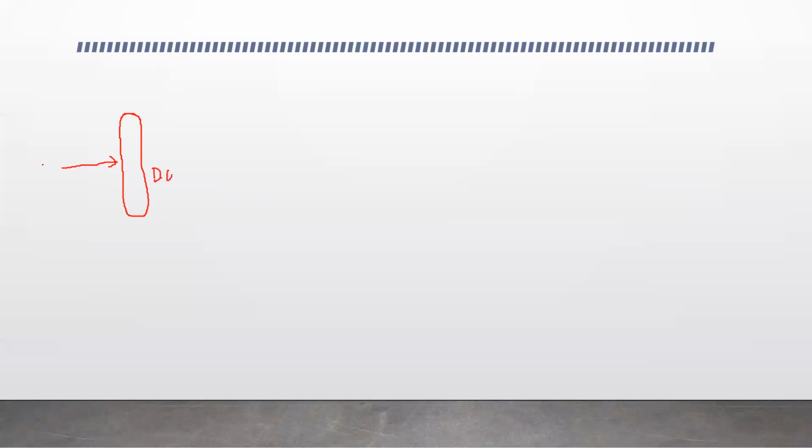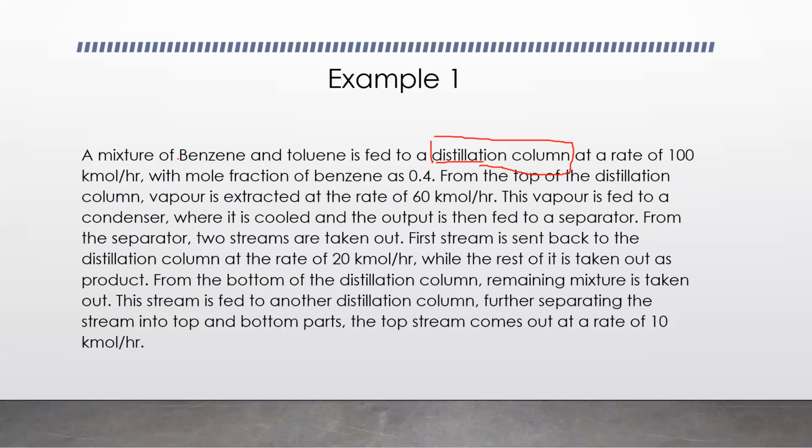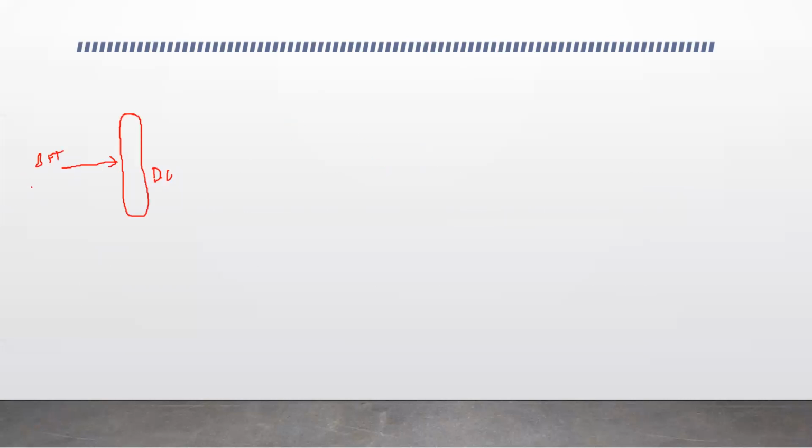And here I have benzene and toluene, at a rate of 100 kilomole per hour with mole fraction of benzene as 0.4. So let's mention this is 100 kilomole per hour, and the mole fraction of benzene in the liquid phase, XB, is 0.4.